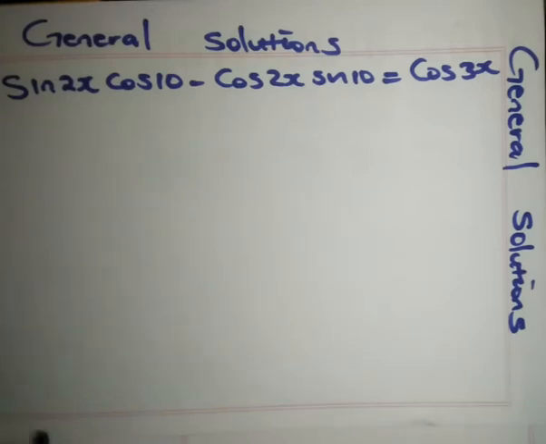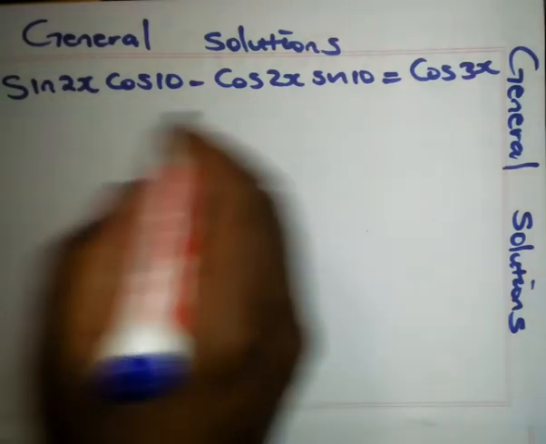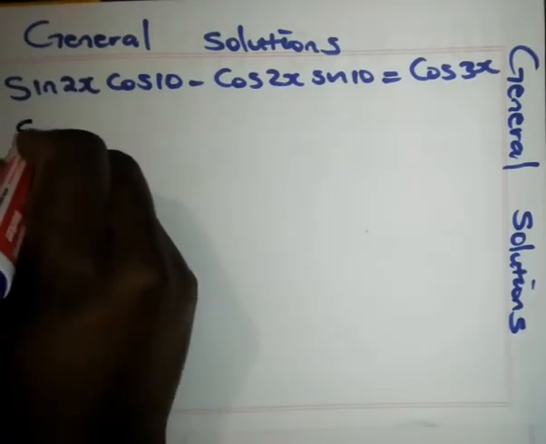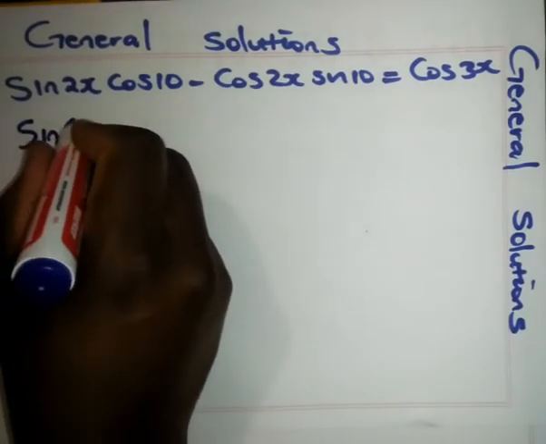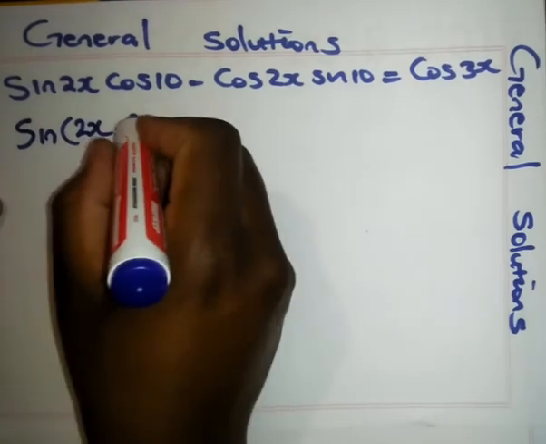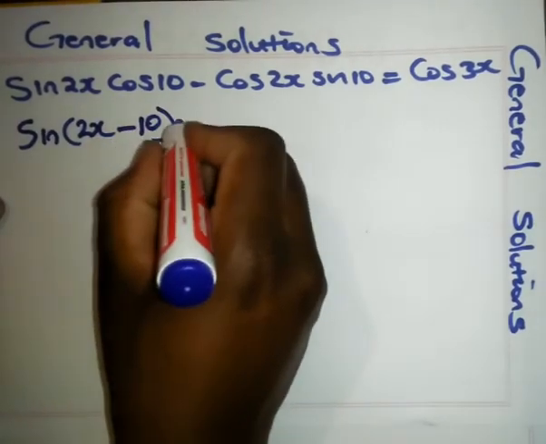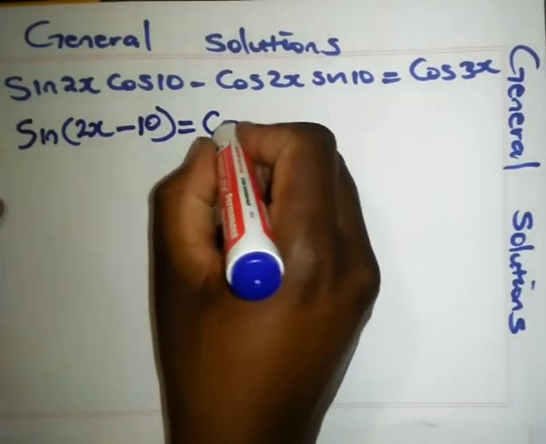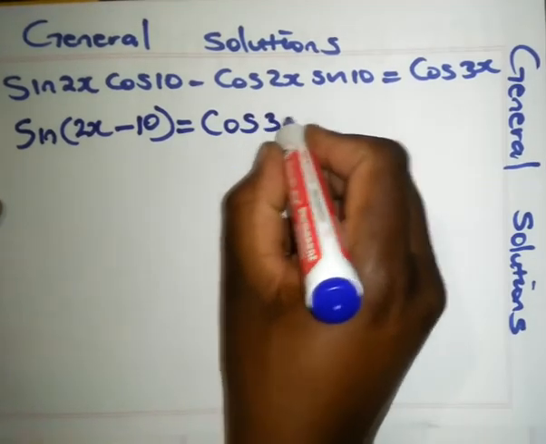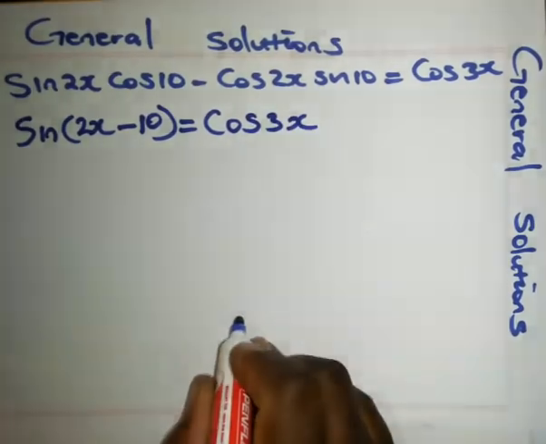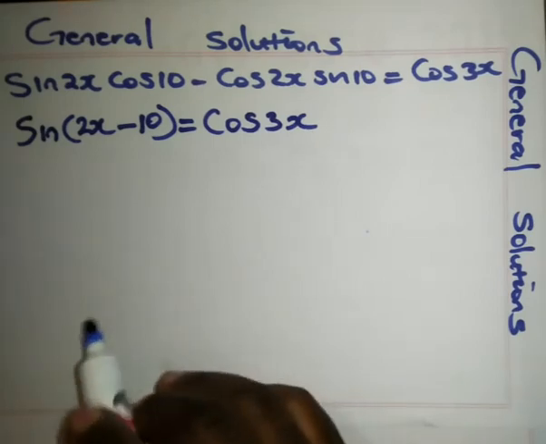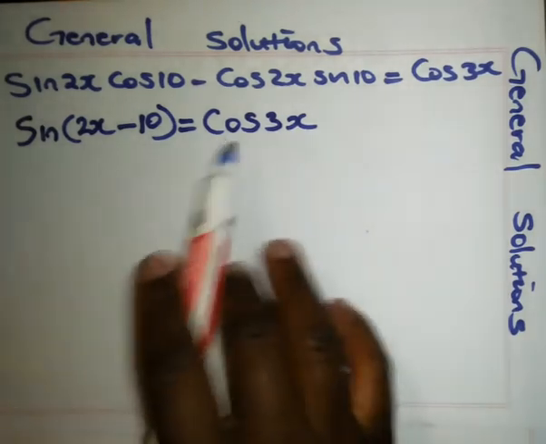The equivalent identity of this part is going to be sine into the 2x minus 10, and that is equal to cos 3x. Right, so now let's try and solve for x here.